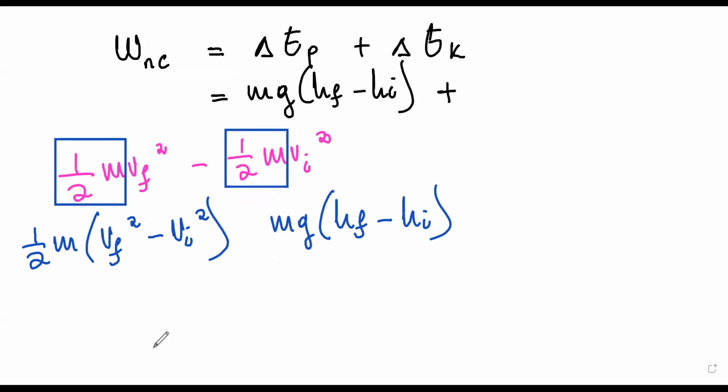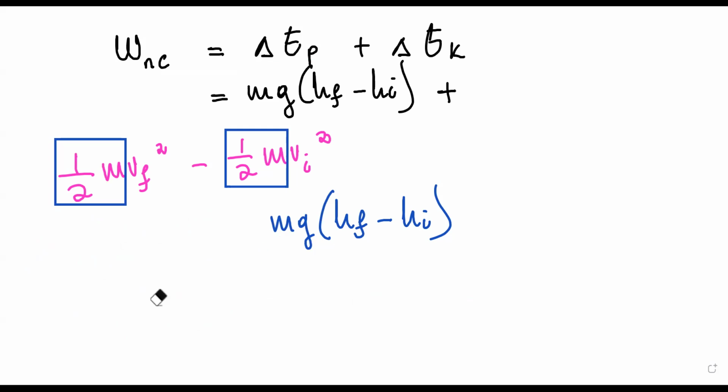For this one, please don't make a mistake and say it's Vf minus Vi, all squared. You'll actually die a very decent death if you do that. Oh, please don't do that.